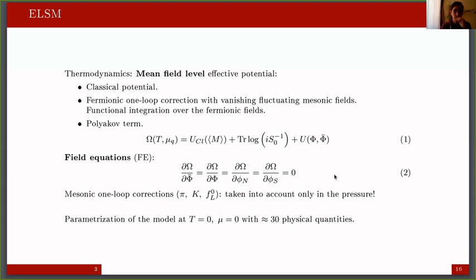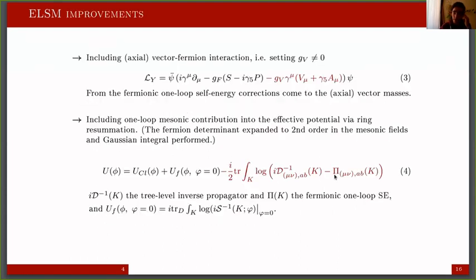The main point: there are some missing parts still in the model. One is that I already mentioned that we did not have a vector and axial vector Fermi interaction, but we can include it. The price is that we will then have fermionic corrections to the axial vector and vector curvature masses too.